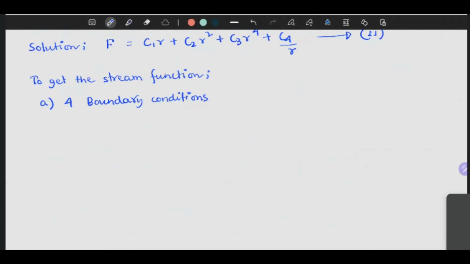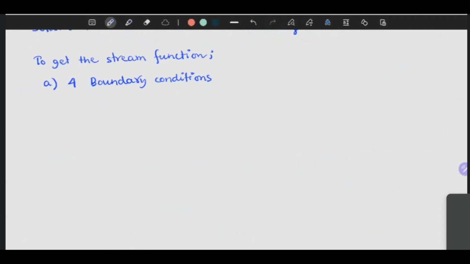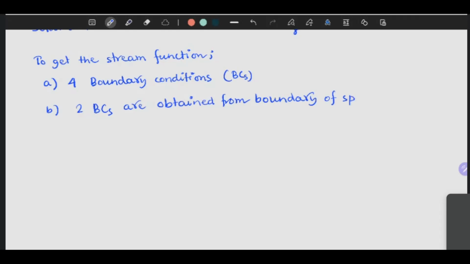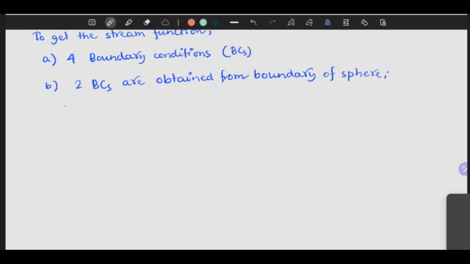Two boundary conditions are obtained from the boundary of the sphere. How? One is no slip and no penetration.